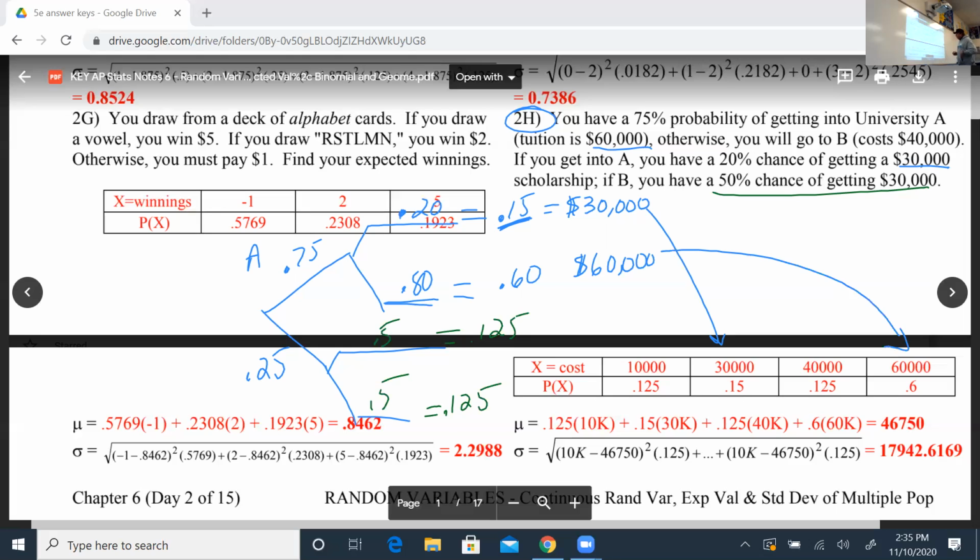Getting $30,000 off of 40 would mean you're only paying 10 grand, and then this one goes to that one. So I put them in order of the money that would cost. That's the tree diagram, just to get you to the table. So pause the video if you need to, and again, I should write this down. This is for 10 grand, and this is for 40 grand, right? I'm sure I'm doing overkill here. Okay, so I'm going to erase that.